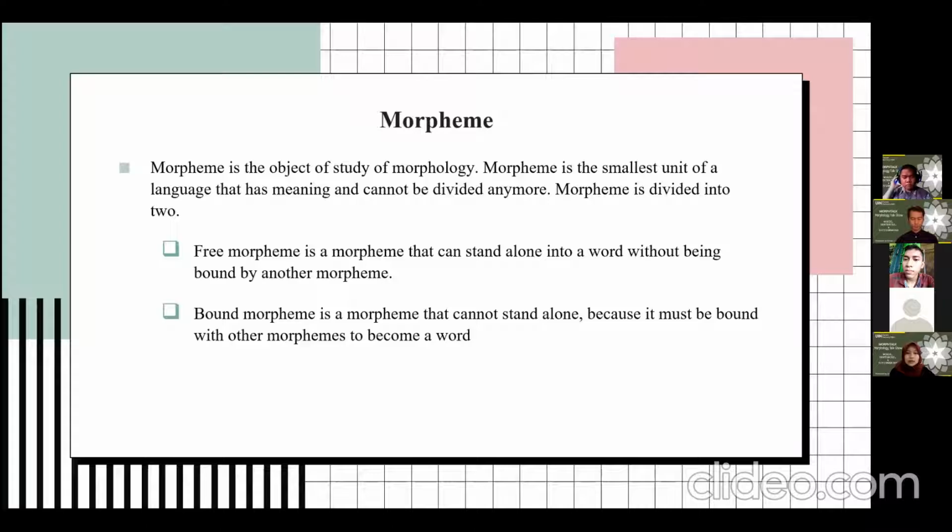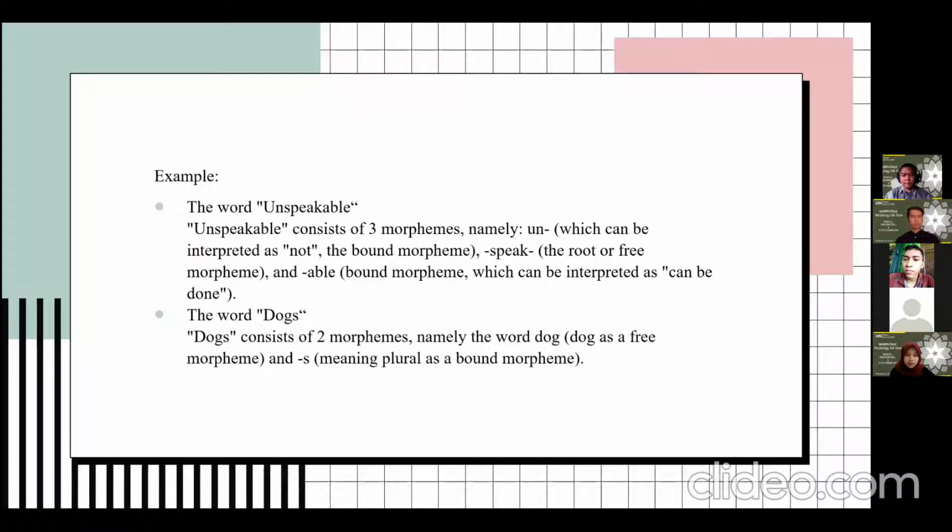To make it clearer, I will give you two examples. The first one is the word unspeakable. Unspeakable is one word, but it consists of three morphemes, namely un, which can be interpreted as not, a bound morpheme, then speak, the root or free morpheme, and able, a bound morpheme, which can be interpreted as can be done.